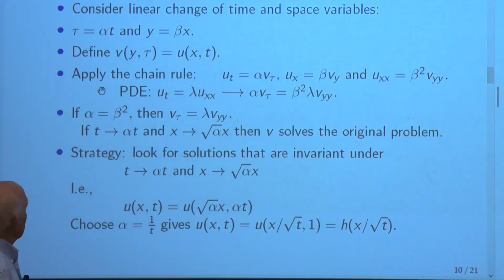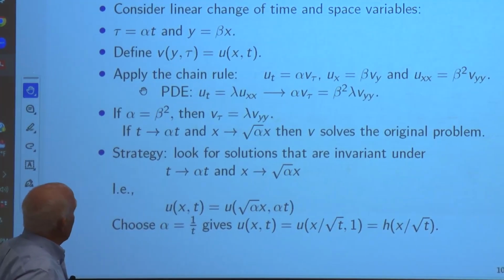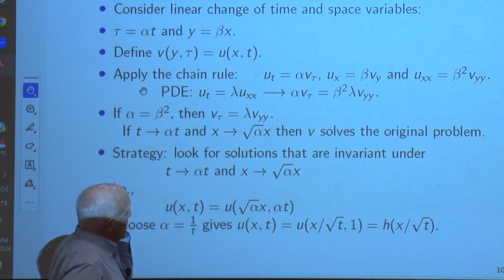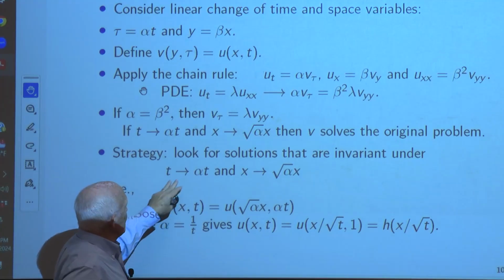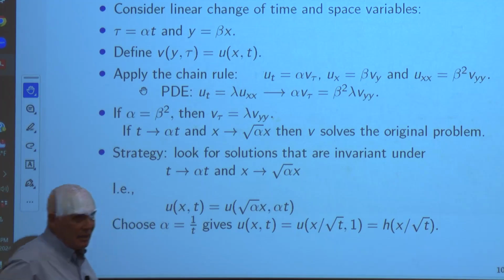So this is a heat equation in terms of variables tau and y. And this must solve the original problem if we substitute back. So we can think of looking for solutions that are functions that are invariant under rescaling time and rescaling the space.